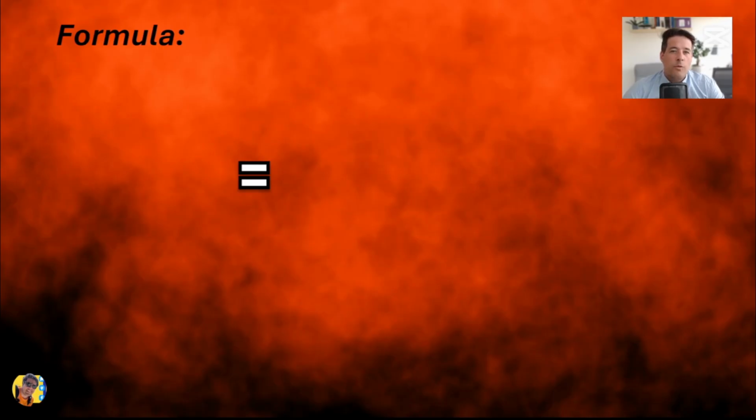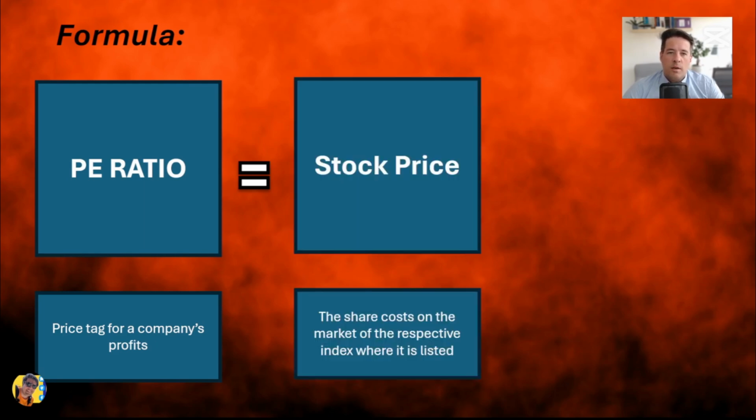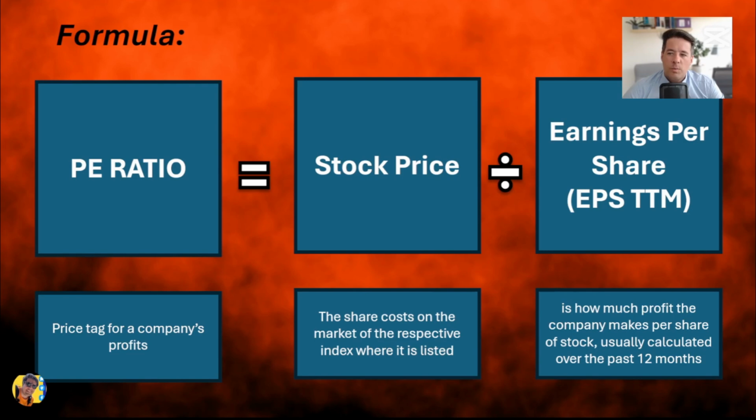So let's go through the formula. The PE ratio, the price tag of a company's profits, is a formula whereby you take the stock price, the price for which you can buy the company currently in the related index, and divide that by the earnings per share.